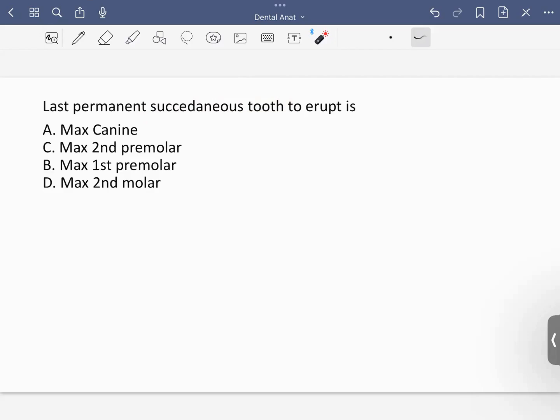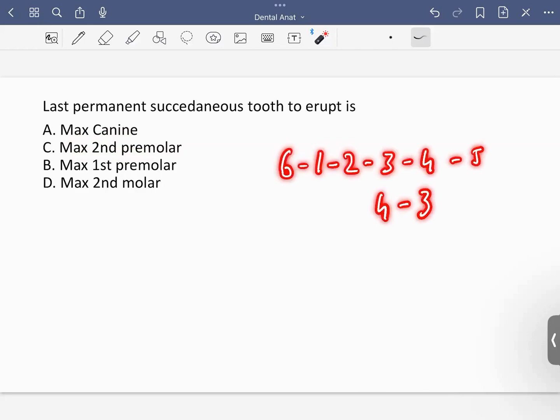Second... what will it be? Option B, the second premolar, right? We are talking about maxilla. All right, what is the sequence? Most common sequence of maxilla we are seeing? 6, 1, 2, 4, 3, 5, 7, 8.